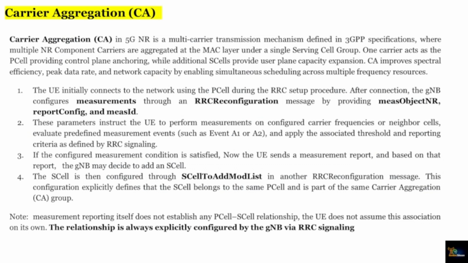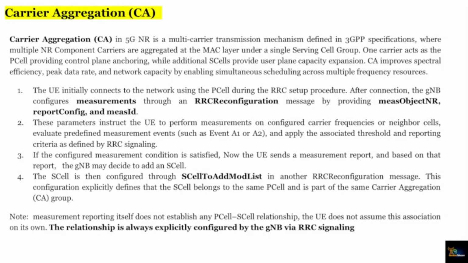Carrier aggregation in 5G NR is a multi-carrier transmission mechanism defined in the 3GPP specification where multiple NR component carriers are aggregated at the MAC layer under a single serving cell group.